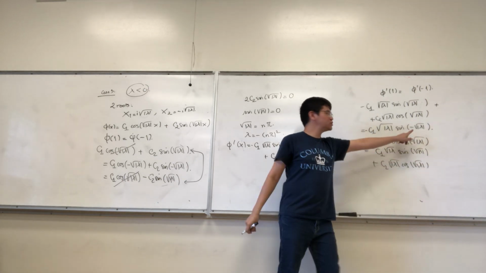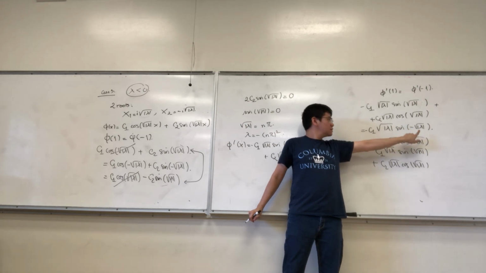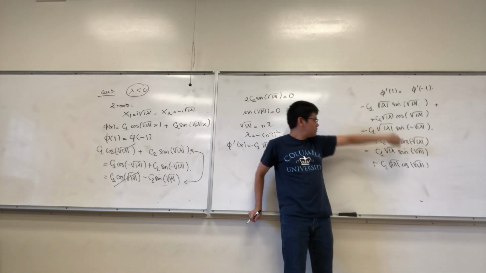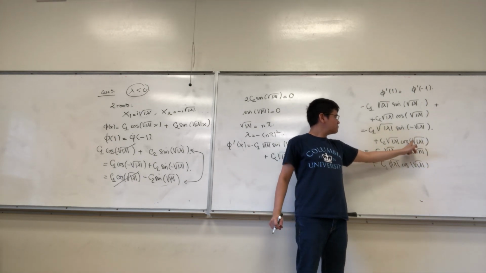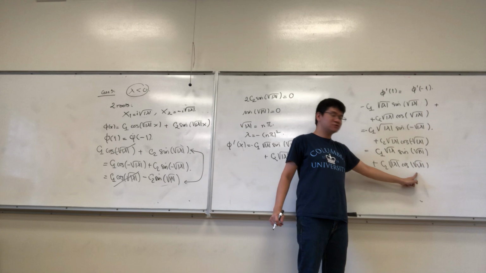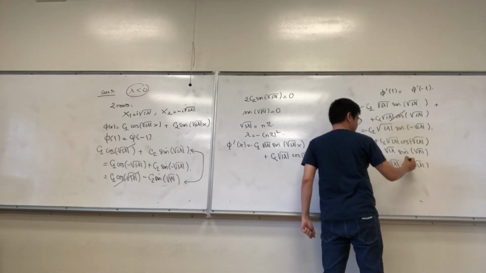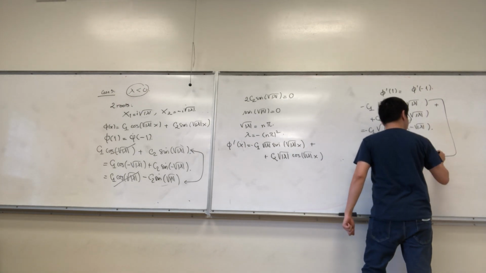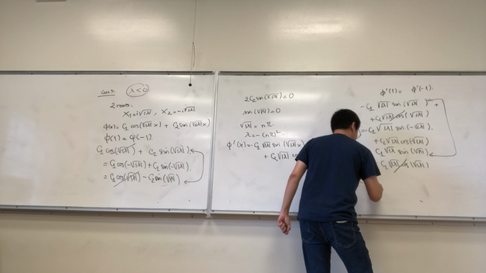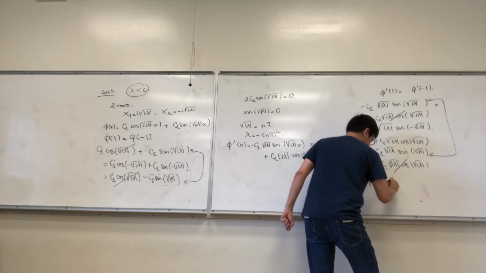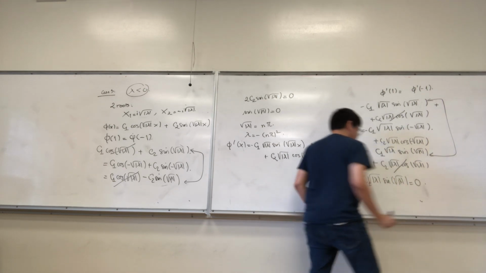So the first step, I'm gonna change the sign, right? Here I have sinus minus square root of lambda. I have a minus and I have a minus, so I can cancel the two minus. I have sinus square root of lambda. The cosinus minus square root of lambda and cosinus square root of lambda, they're the same. Now, I'm gonna remove these two terms and I'm gonna combine the two terms here. So we have 2 C1 square root of lambda sinus of square root of lambda is 0.